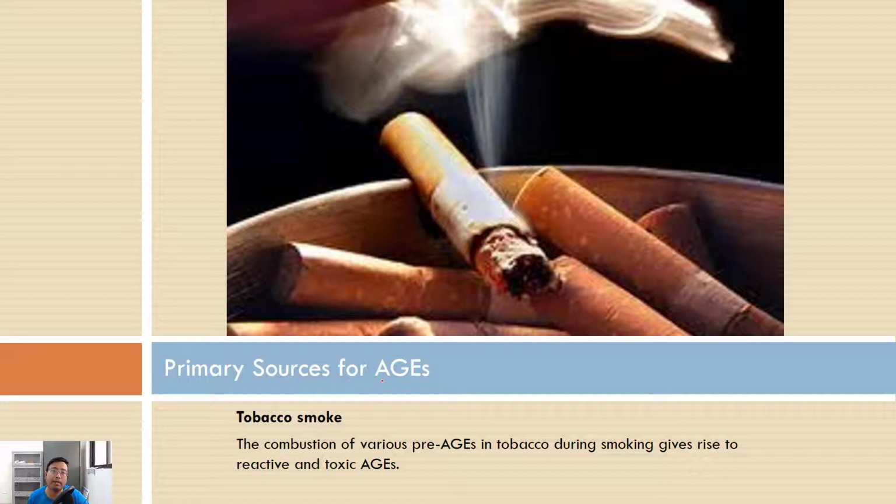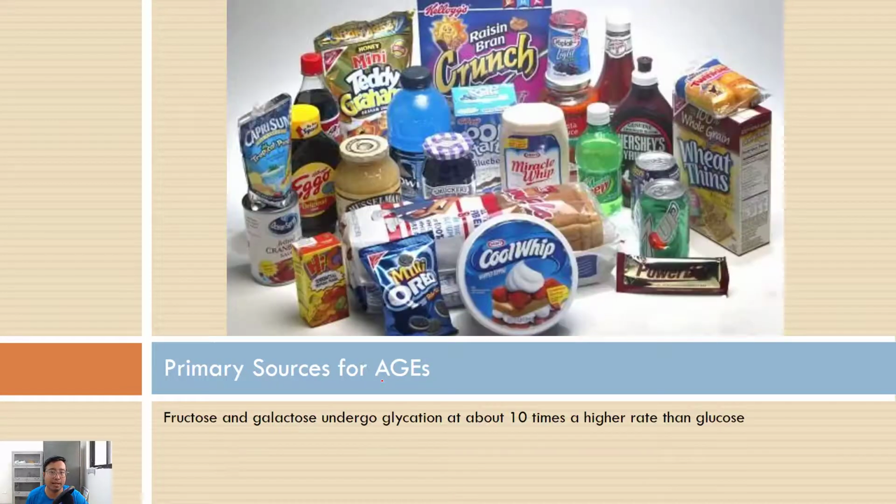So all complications of diabetes mellitus are much more accelerated in a patient who is a smoker, and AGEs play a definite role, because pre-AGEs are there in tobacco smoke, that gives rise to formation of reactive and toxic advanced glycation end products. It doesn't stop there.